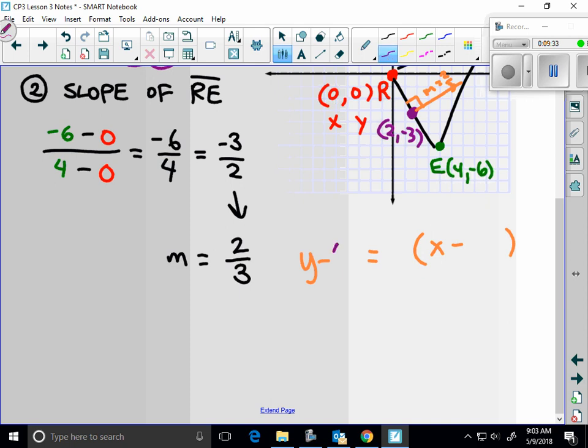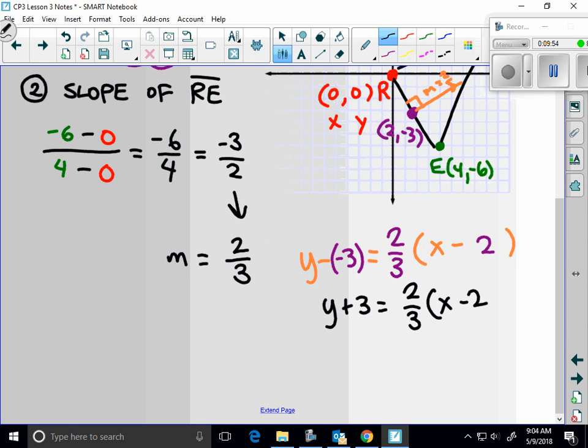So it's going to be y minus what? Negative 3. Good. And then 2/3, right? That's our slope. Times x minus 2. Now we can clean that up a little bit. Minus a negative, that should be y plus 3 equals 2/3 times (x minus 2).